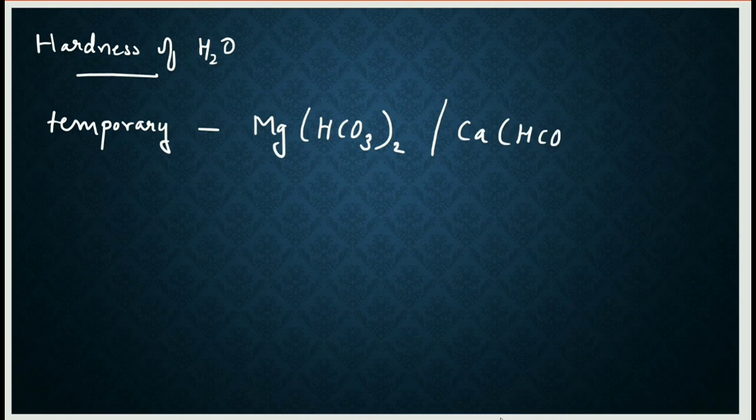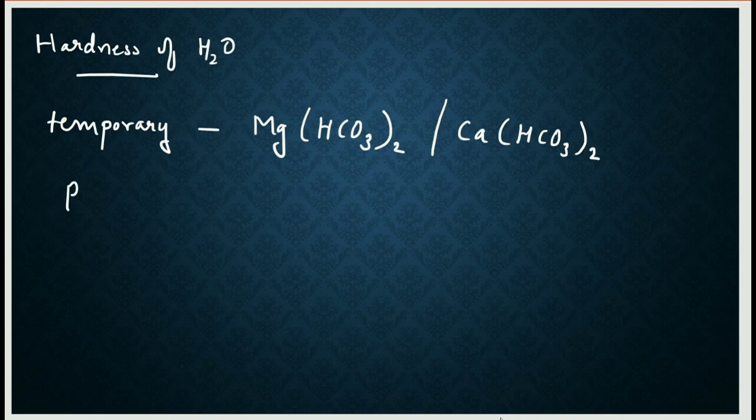So both magnesium and calcium ions are responsible for the hardness of water. And what is temporary hardness? It can be removed by boiling the water. So when you boil the water, the temporary hardness can be removed.